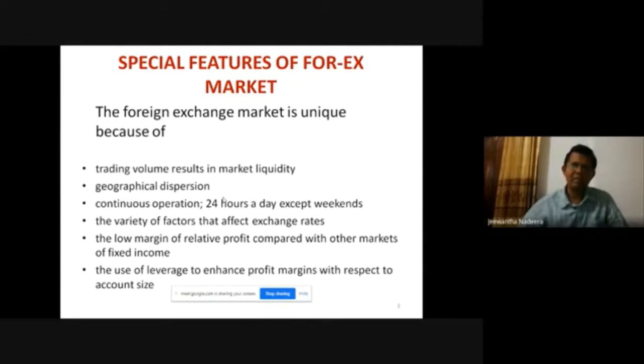Now in Sri Lanka we have a free float. You are allowed to determine the exchange rate based on demand and supply.